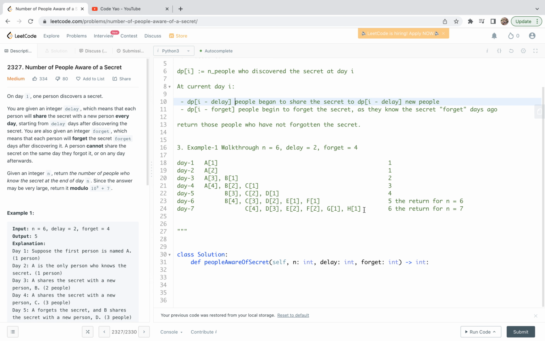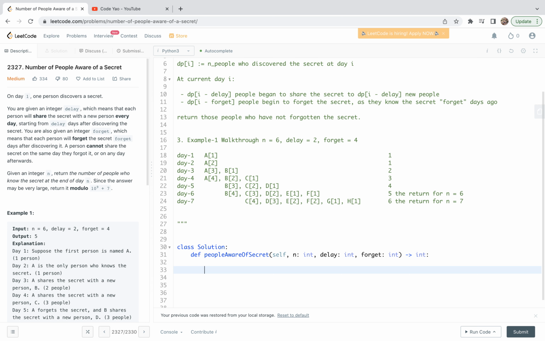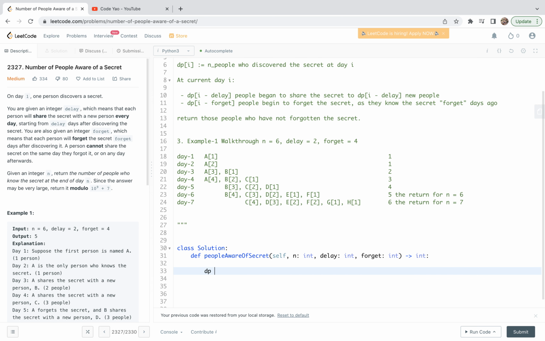So we call them G and H. So this is the first day for G and H to know the secret. So if we have n equals 7, this is the number of people who know the secret. That is 6. So with that said, I think we're ready to write the code.